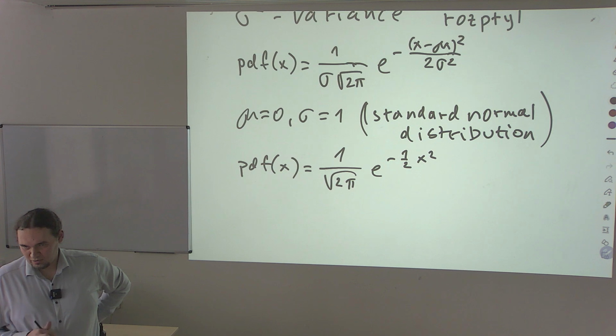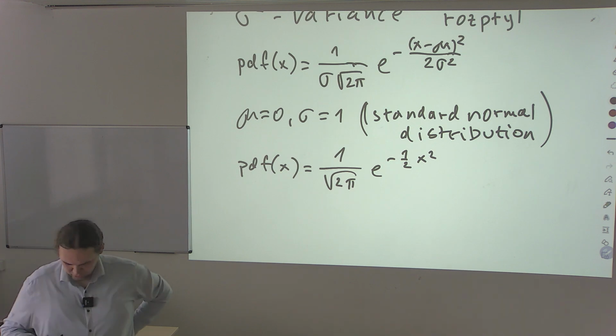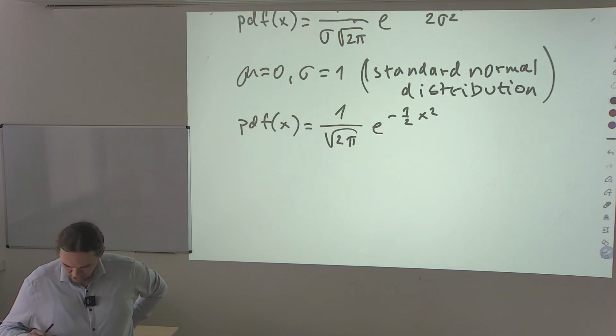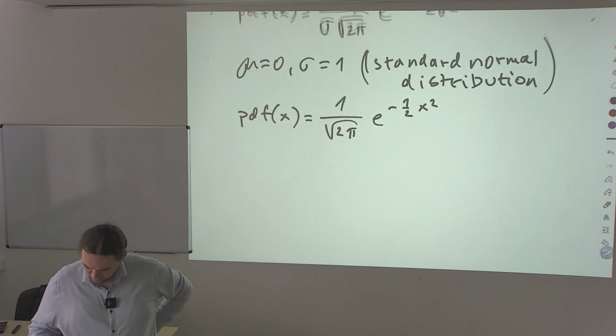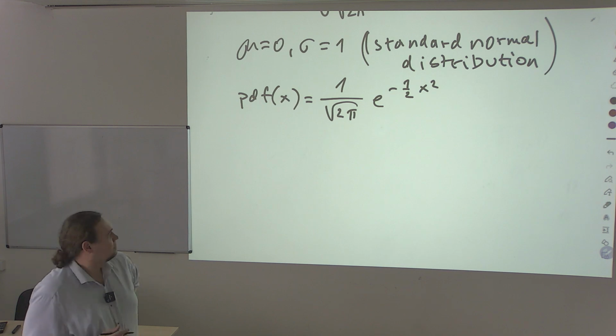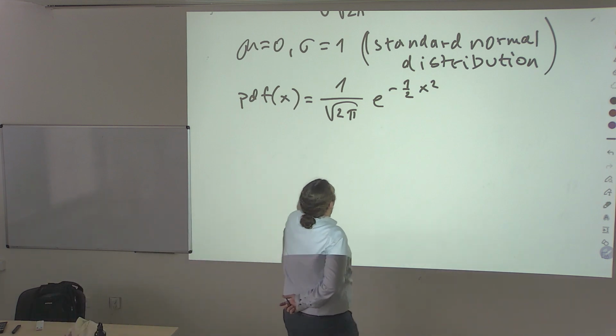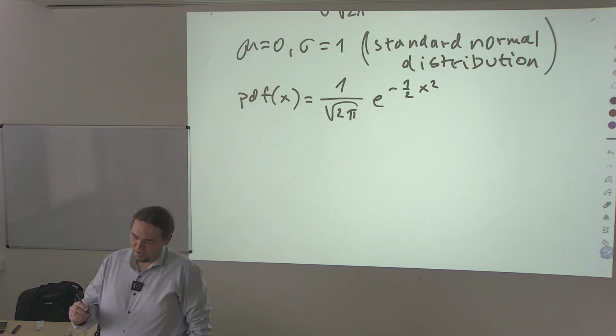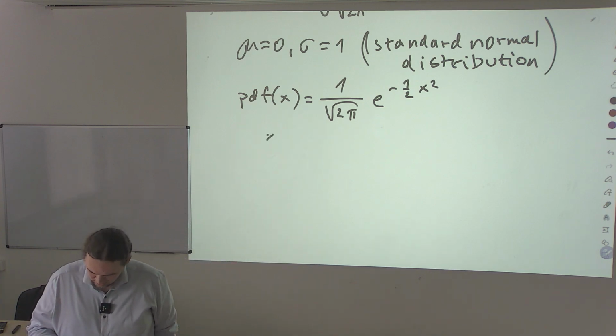Right, if I plug in the mu and sigma. Good. So let's just plot it now. We definitely know the function x squared, right? So let's try it.